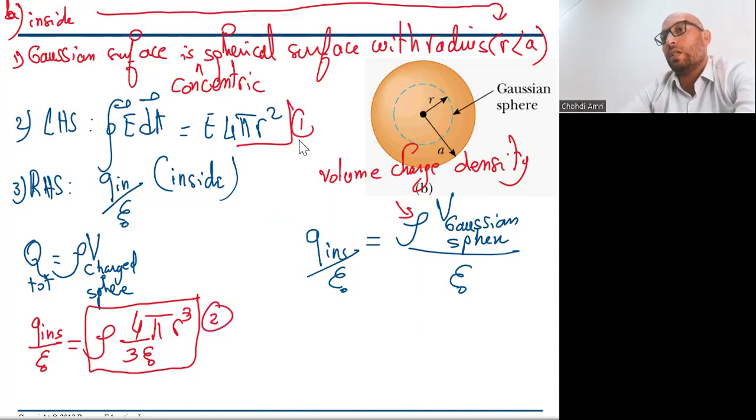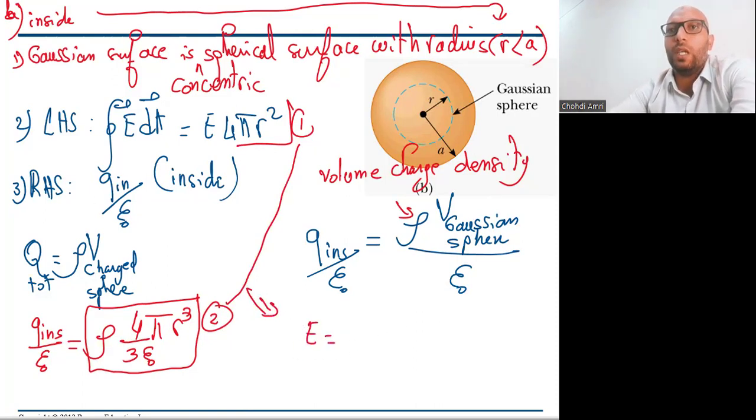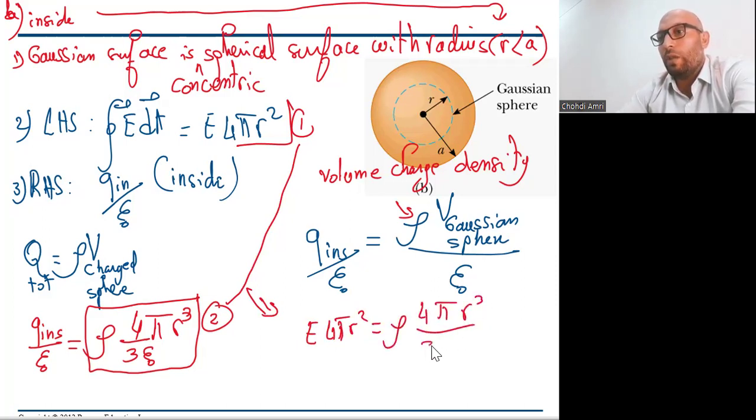First term equal to the second term gives E 4 pi r squared equal rho 4 pi r cubed divided by 3 epsilon naught. So you see here that we have 4 pi and 4 pi, they will cancel each other. We have power 3 and power 2.